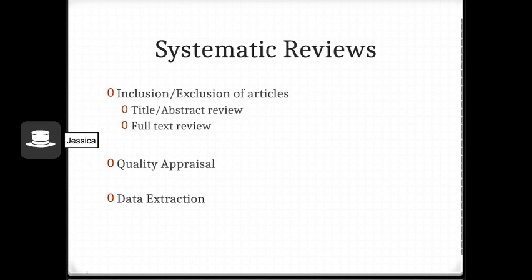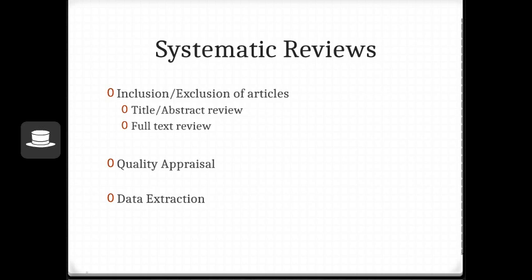So there are several different parts of systematic reviews where reliability is needed. First, in the inclusion or exclusion of articles, there are two pieces of that. The title abstract review, when the reviewers would decide if they're going to exclude an article based on the title or abstract because it doesn't fit, or if they're going to review it further in the full text review.